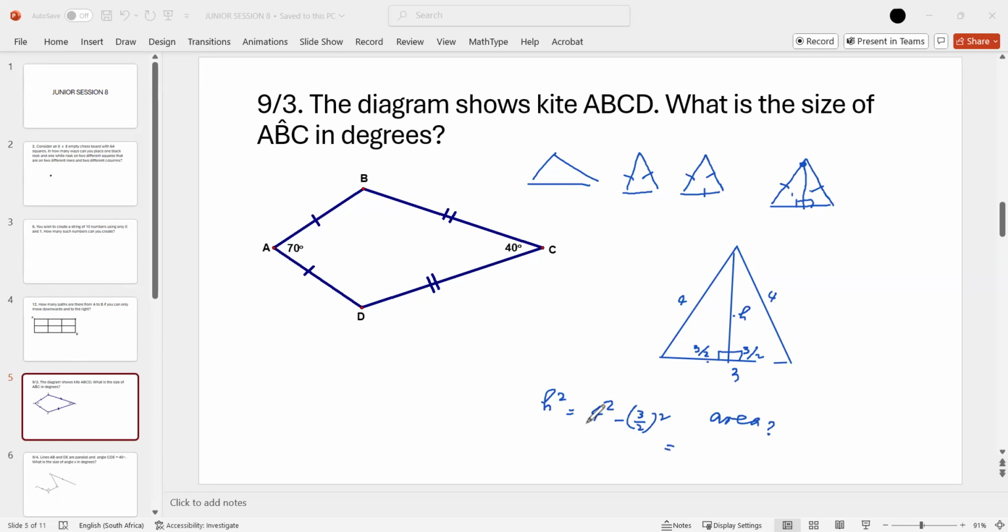That is, so you got 9/4. I think you got square root of 55/4 or something. Something like that. So once you got your height, then the half base is just 3/2 because the base is 3 times this.